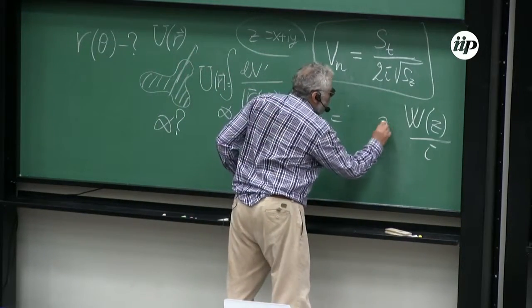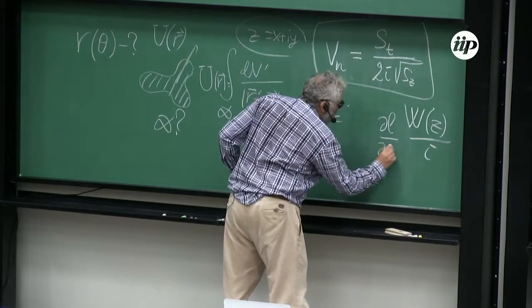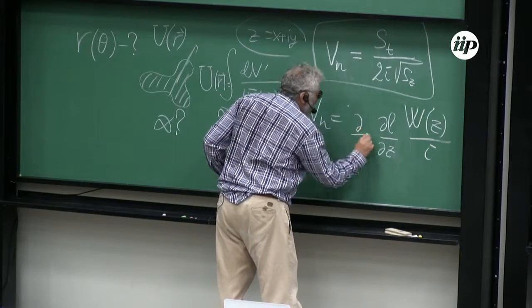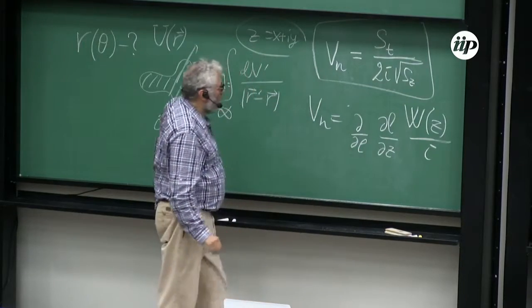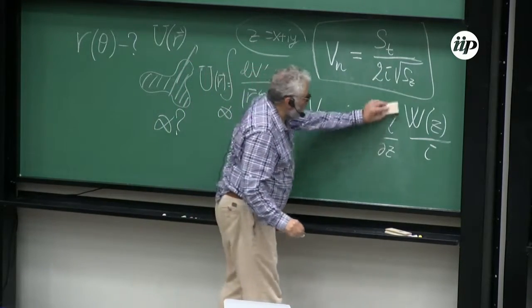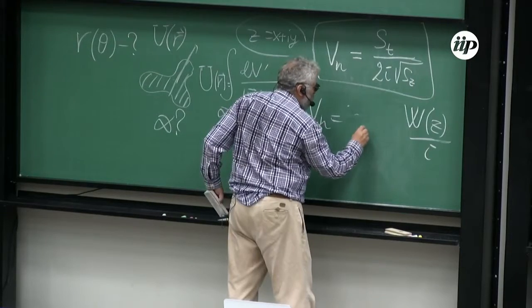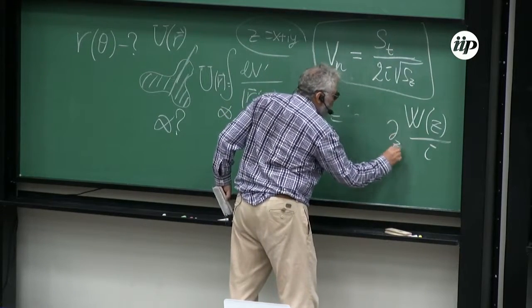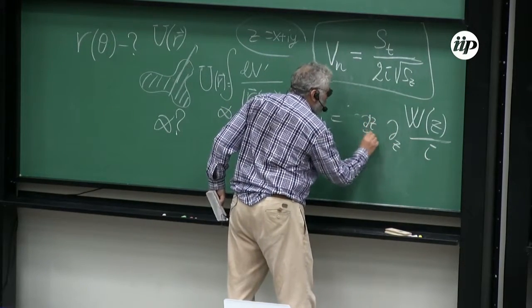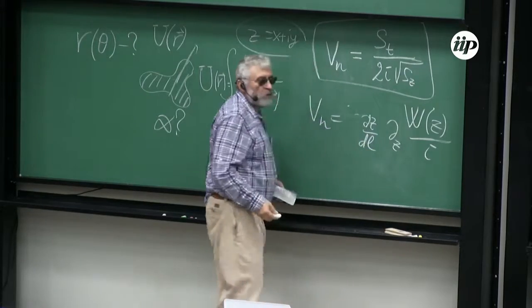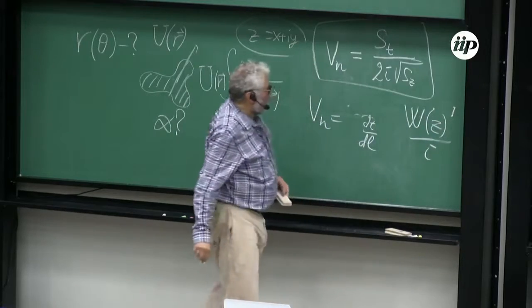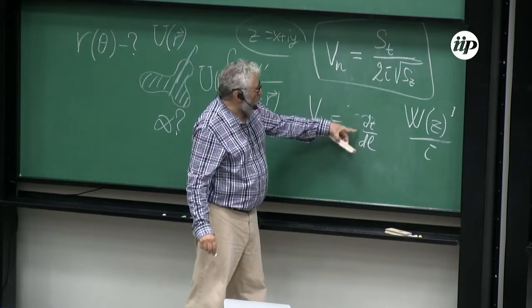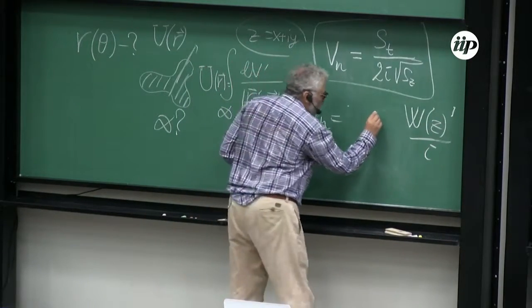And by chain rule, it is this, which means this. And this is again the unit tangential vector.